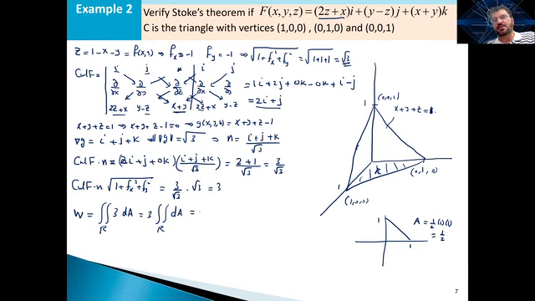So this is equal to 3 times the area of the triangle. Why a triangle? Because the region is a triangle. There is nothing inside, there is nothing but 1 here. So the area of the base, 3 times half, and the answer is 3/2. This is exactly Stokes' theorem. This is the work done.